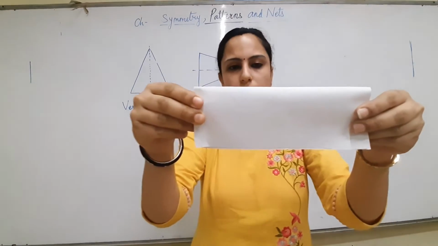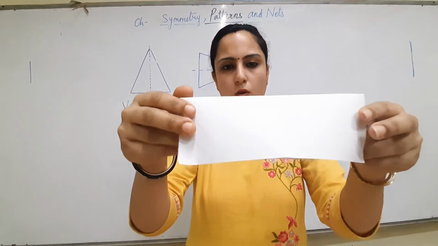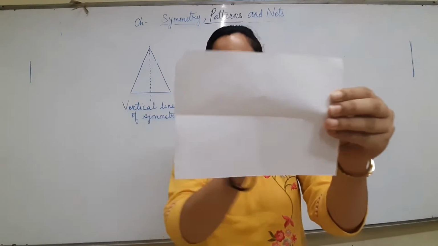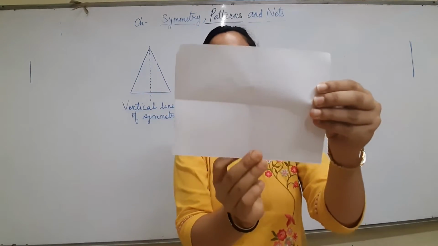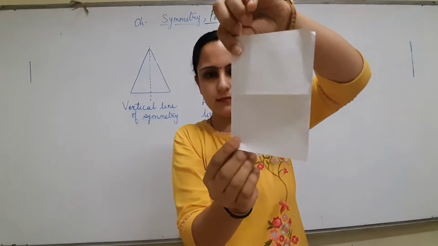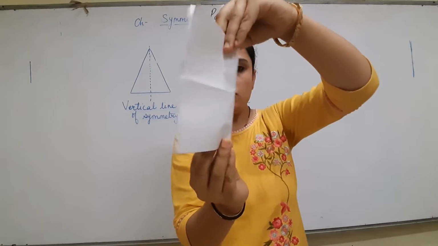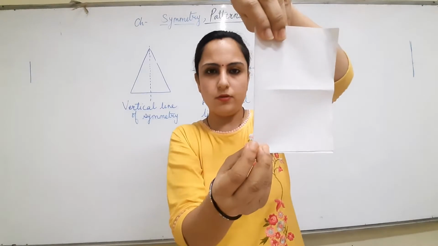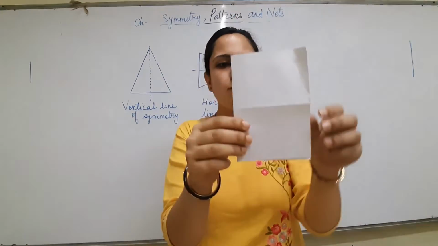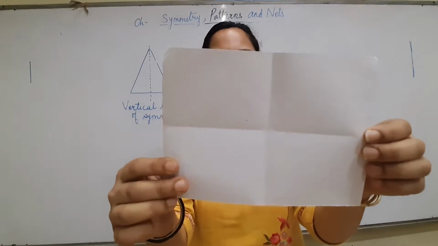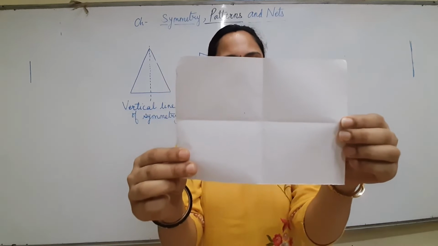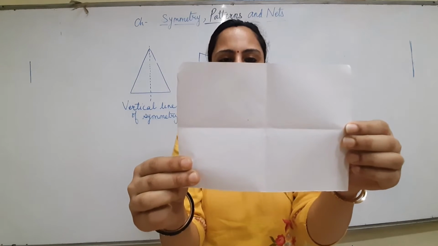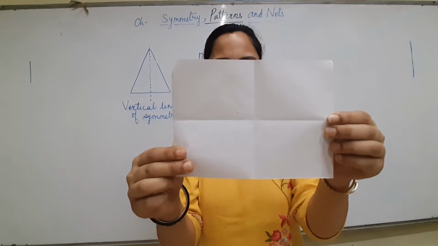This is the horizontal line of symmetry, and when you fold it like this, then also it is overlapping. So it is the vertical line of symmetry. Therefore you can say a rectangle is a shape having two lines of symmetry, horizontal as well as vertical.